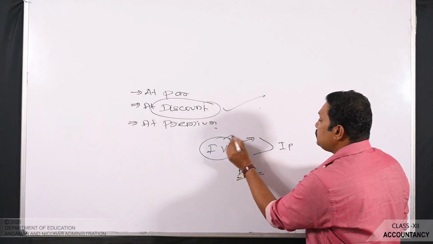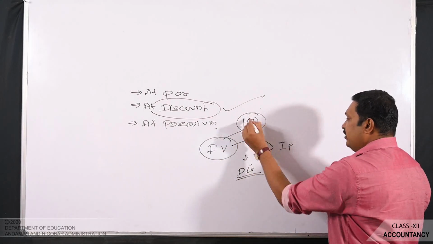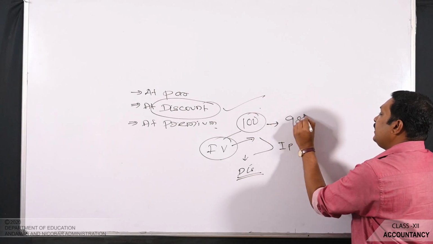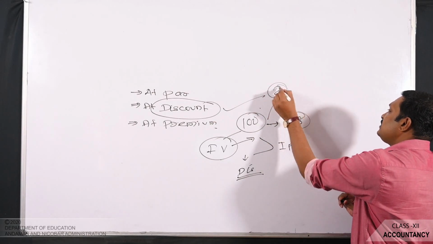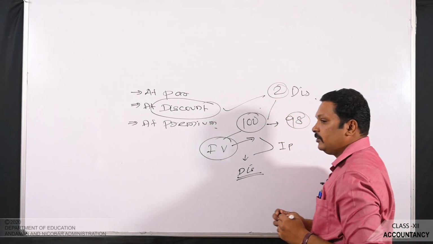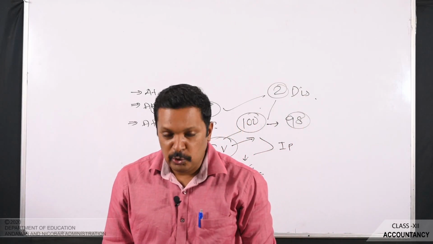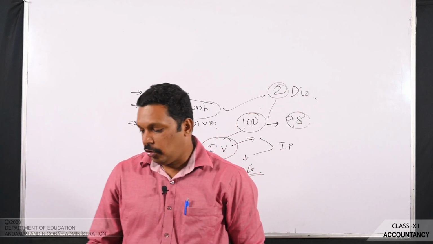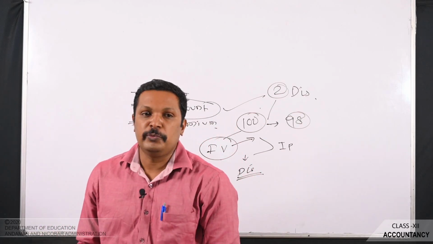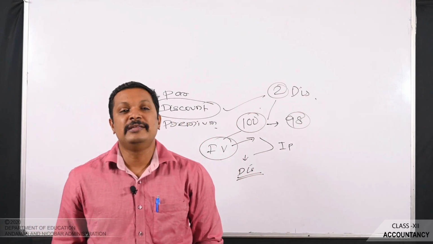The face value of the debenture is, for example, 100. Now we are issuing at 98. So 2 rupees is discount. So when a debenture is issued at a price below its nominal value or face value, it is said to be debentures issued at discount.